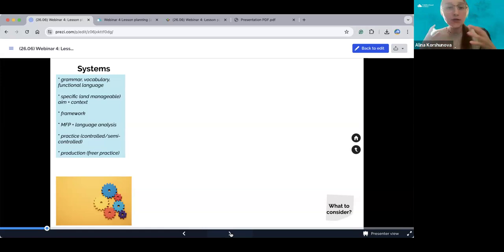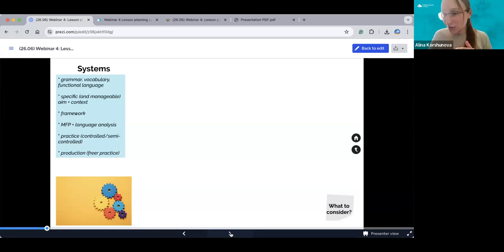For example, if your course book offers a set of modal verbs for one lesson, and you see that your students would not manage with that variety of modal verbs, maybe you need to adapt and adjust and plan a lesson in a different way. Whenever you check the materials, whenever you know what you need to teach, of course, it's time to choose the framework that you would like to follow.